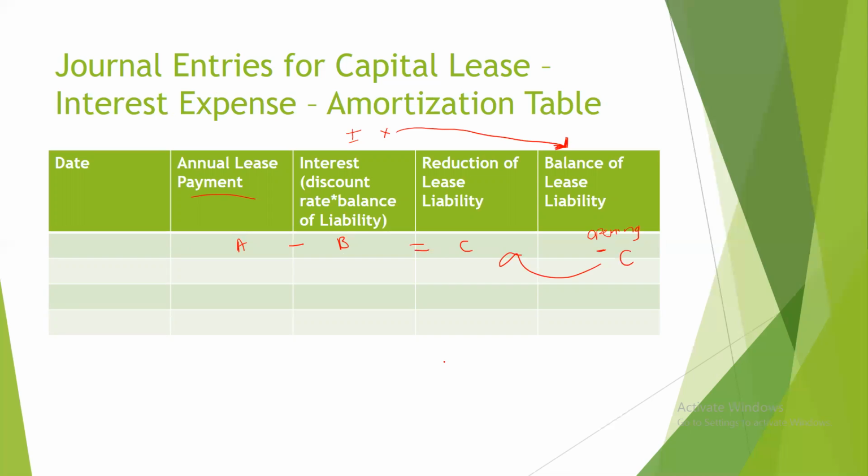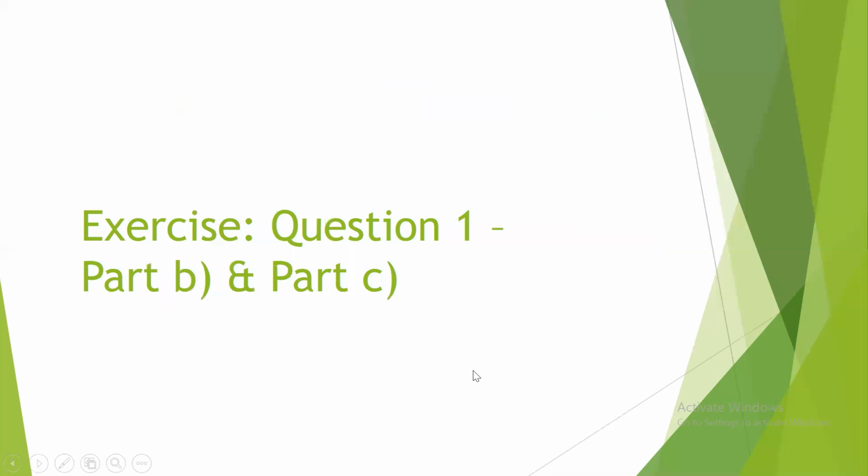So minus C. So the date, the lease payment, your interest, which is your discount rate multiplied by the balance, subtract the two, that's your reduction, and then the balance is your opening balance minus your column C. Right?